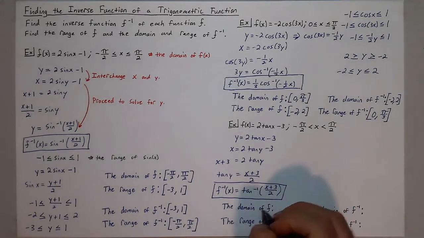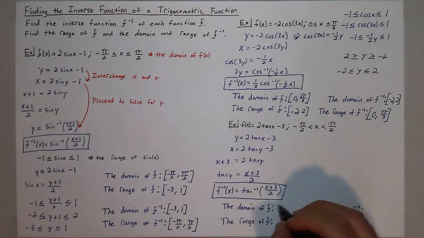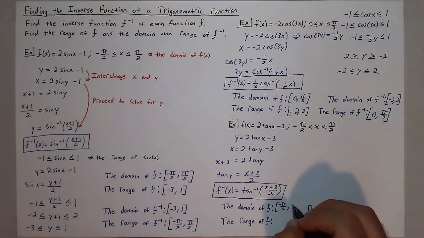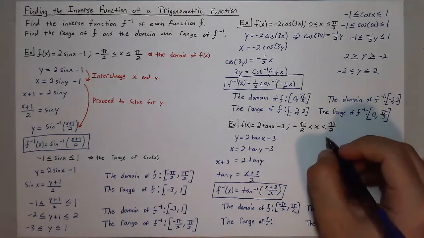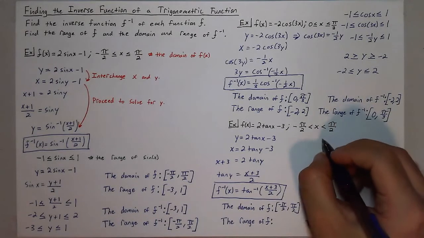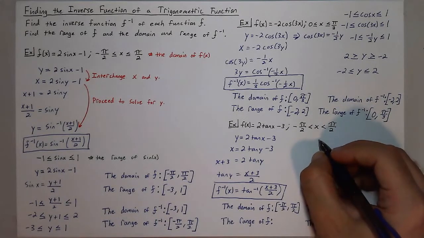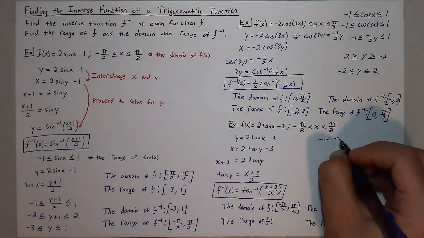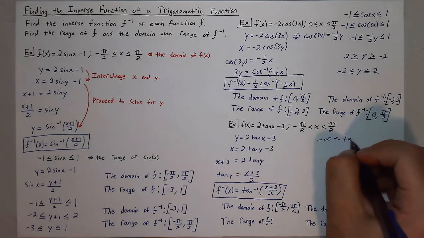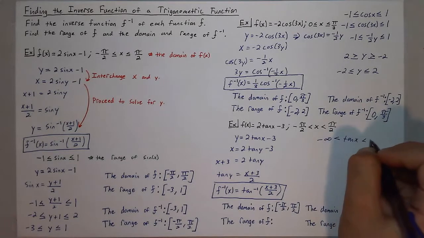The domain of f is going to be negative pi over 2 to pi over 2. But the range is going to be something different. Because now I know that tangent by itself, its range is everything: negative infinity to positive infinity.